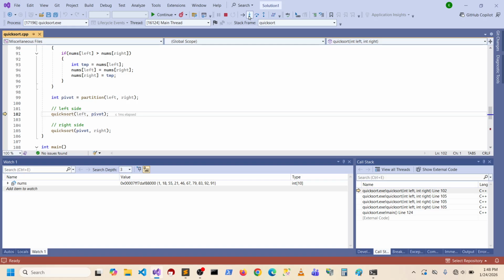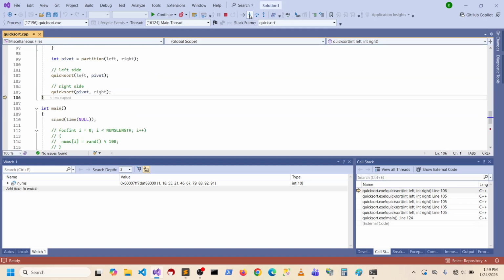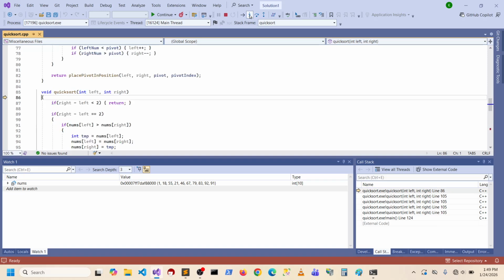Now we're back to left again. Pivot is 18. So we go in here, that's less than 2, so it returns. Now we quick sort the right. So 1 and 2. There. So we just return.